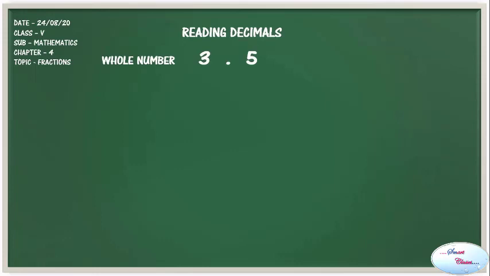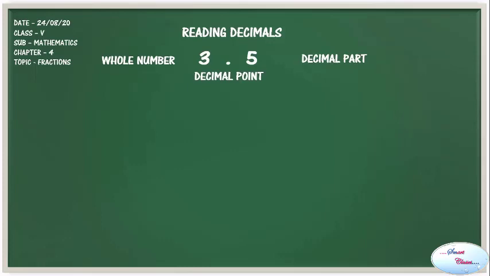Then we put the decimal point and express as the decimal. Then we read the digit on the right to the decimal point, which is the decimal part. So 3.5 means 3 whole parts and 5 parts of 10 divisions.